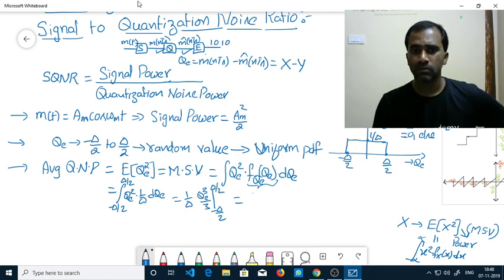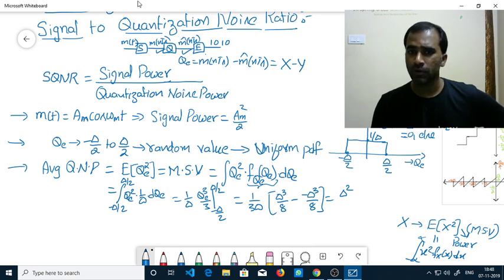So this is equal to 1 by 3 delta outside, and let us substitute the limits. The upper limit gives delta cubed divided by 8, minus of minus delta cubed divided by 8. I substituted the upper limit and then the lower limit and subtracted. So this is equal to delta squared, because one delta is cancelled, and here this becomes 2 times delta cubed by 8, which is delta cubed by 4. 4 into 3 is 12.